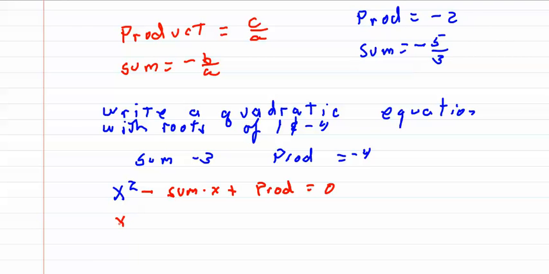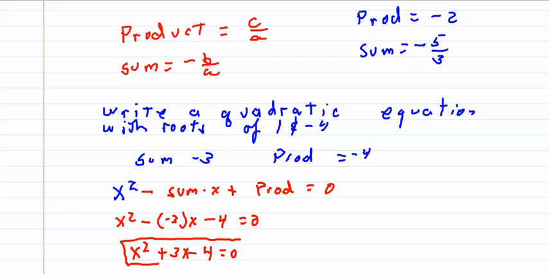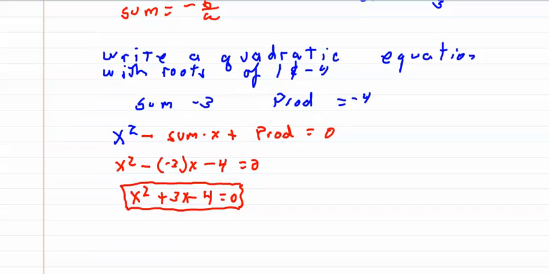So in this case, x squared minus (-3)x minus 4 equals 0, or x squared plus 3x minus 4 equals 0. And that is an equation that has the roots of 1 and -4.